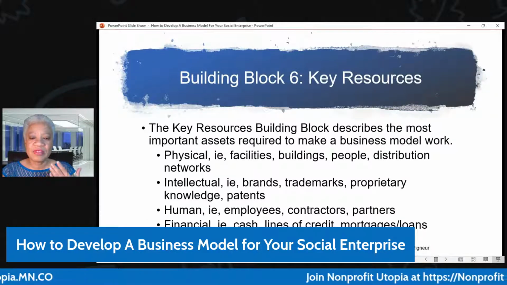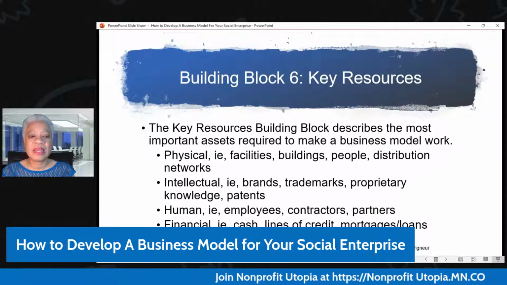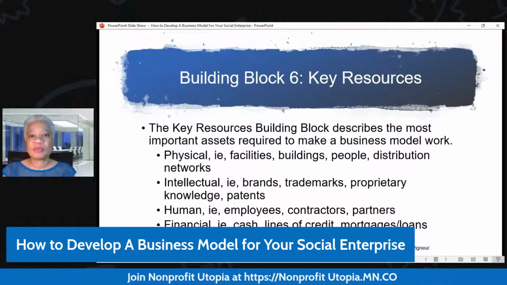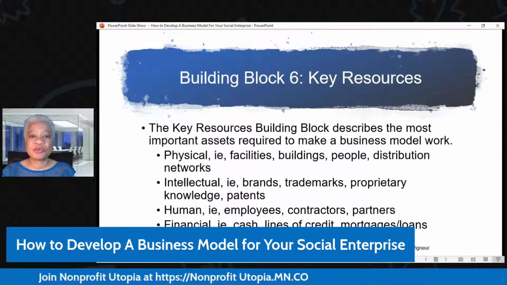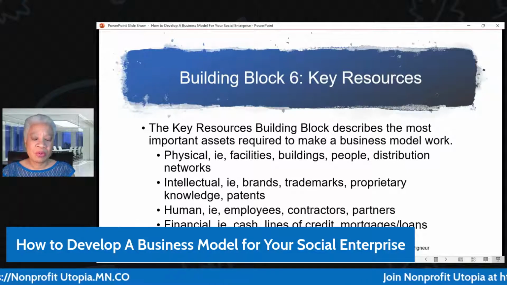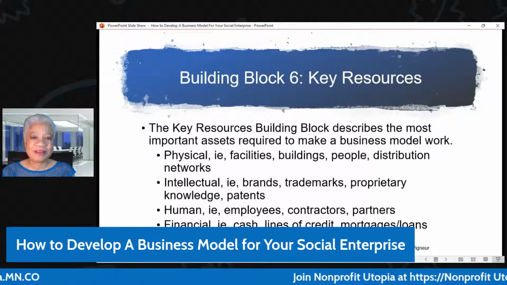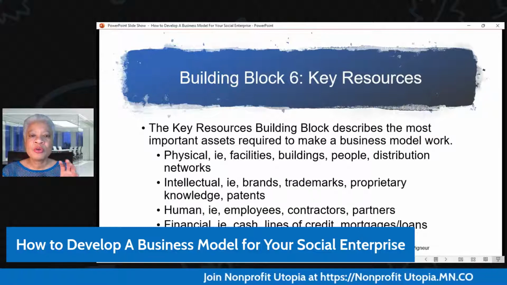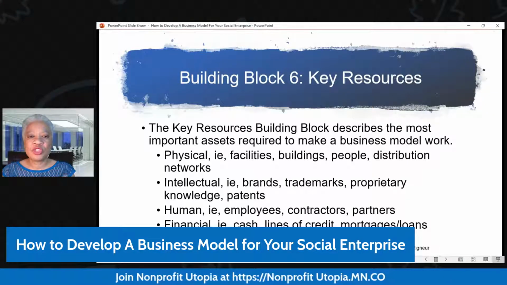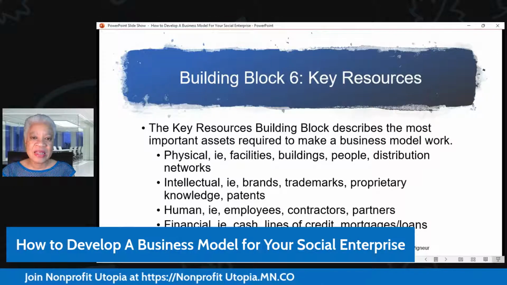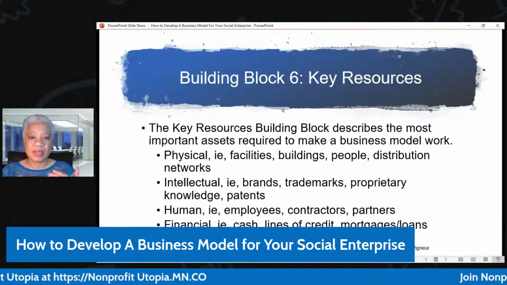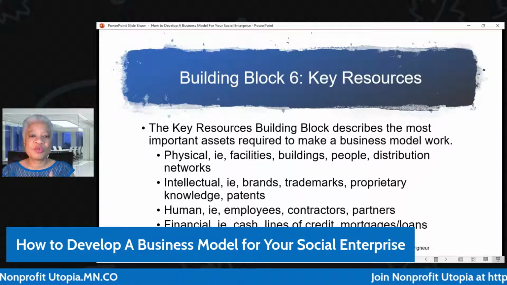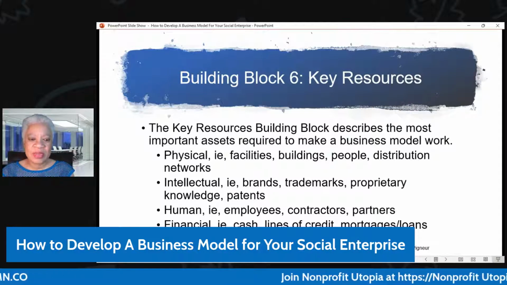It could be facilities, buildings, people, right? Intellectual property. It could be your brands, your trademarks, proprietary knowledge. And when we talk about proprietary knowledge, we're talking about your unique way of doing things. So it could be a process. It could be knowledge of just the way things work in the industry, right?